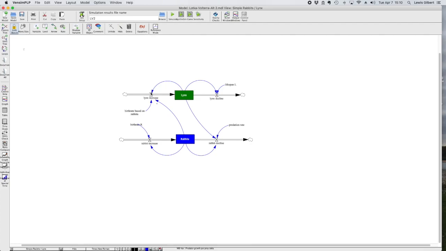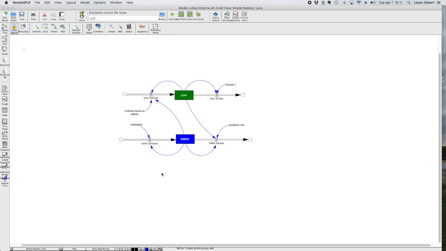The lynx increase is related to the number of rabbits. Its decrease is related to its lifespan. Rabbits increase based on rabbit fecundity, and rabbits decline based on lynx predation. And that's the basic model.